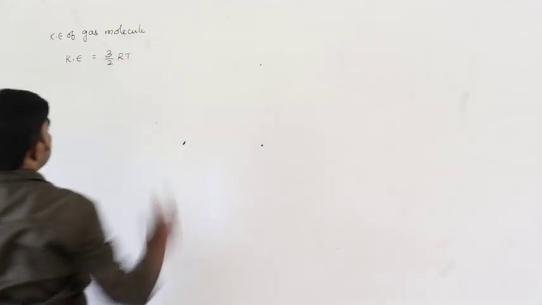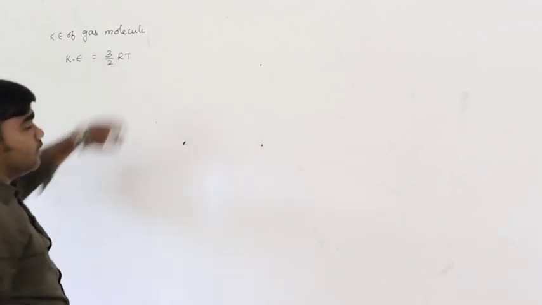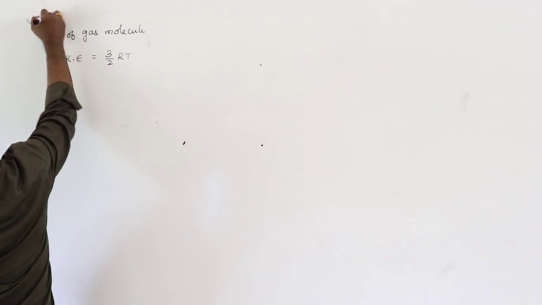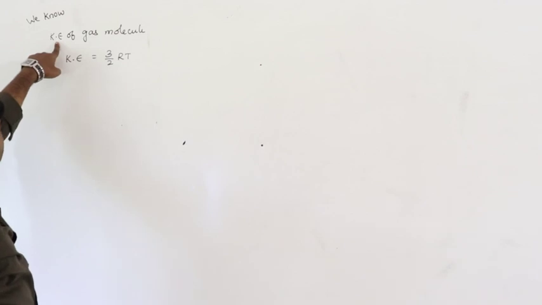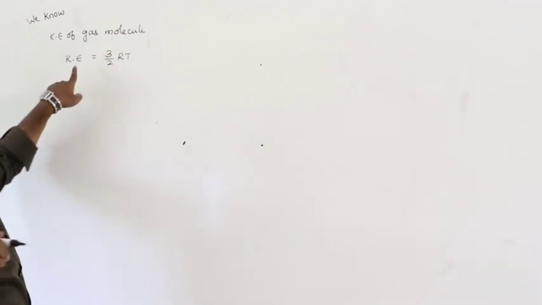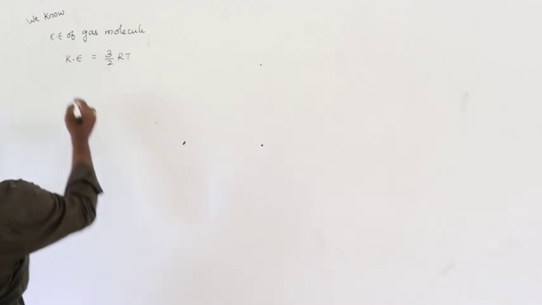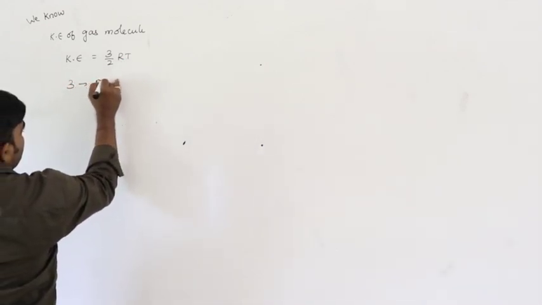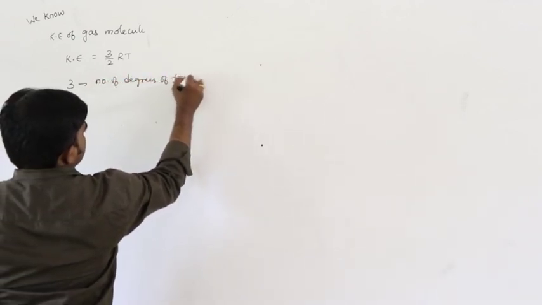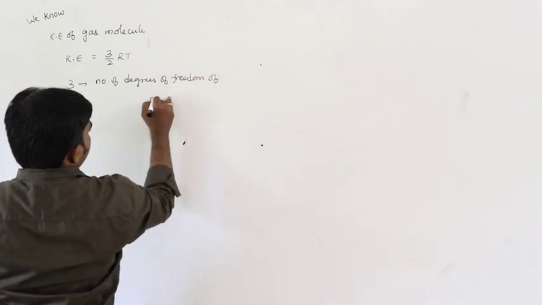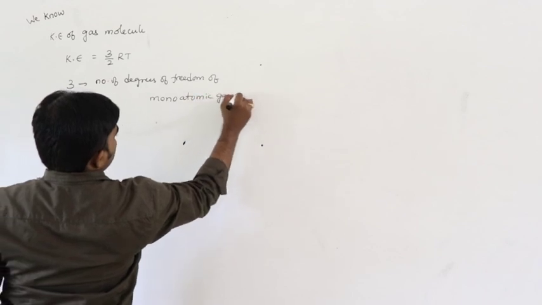In the topic states of matter, the kinetic energy of one gas molecule is equal to 3 by 2 RT. What is 3? 3 is the number of degrees of freedom of a monoatomic gas molecule.